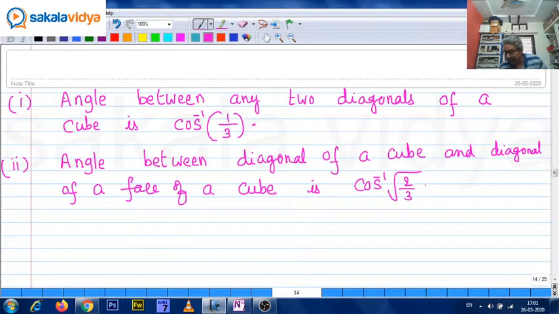These are actually standard results. I explained to you in the seminar session also, these are standard results we need to remember directly. These are memory based questions. That's not correct, the angle between the sides is 90 degrees.